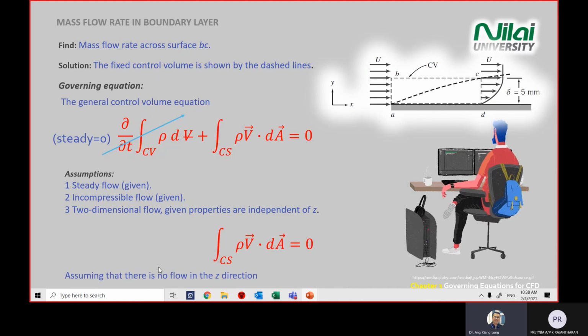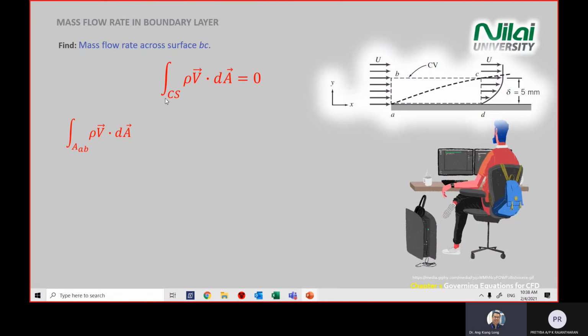And because this is a 2D analysis, we don't have flow in the Z direction. When we look at a control surface domain, meaning we look at all the surfaces we have. In this case, we have 4 surfaces here: AB, BC, CD, and DA. We know that there's no mass flowing across AD.